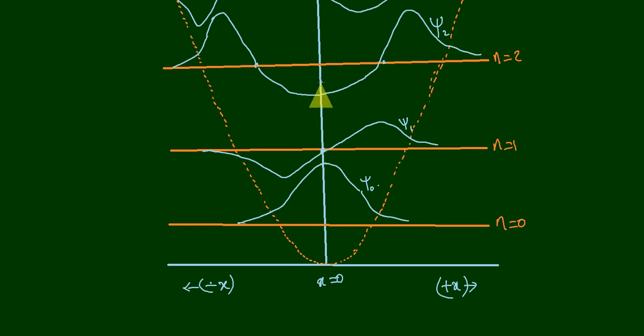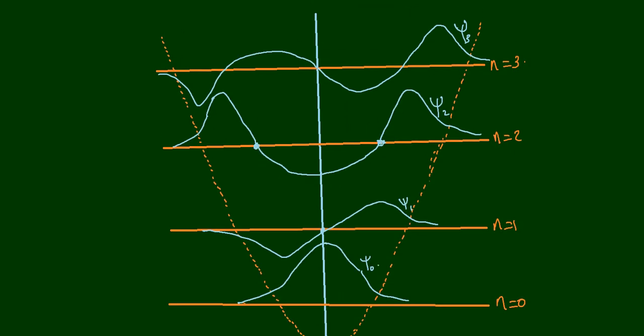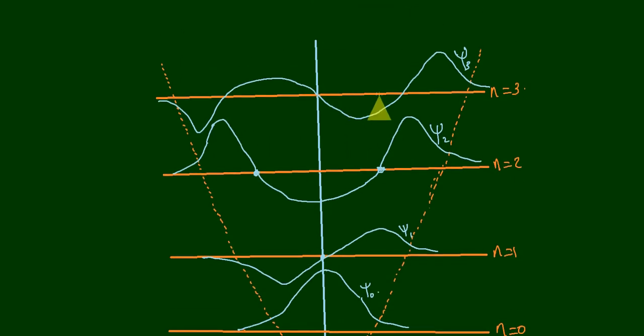And when we go to psi 2, we can see that it has two nodes. One node is here and another node is here. And when we go to psi 3, it has three nodes like this.